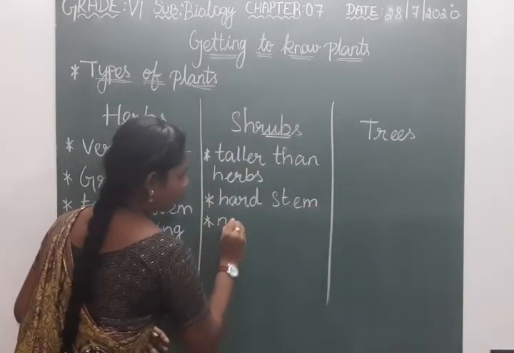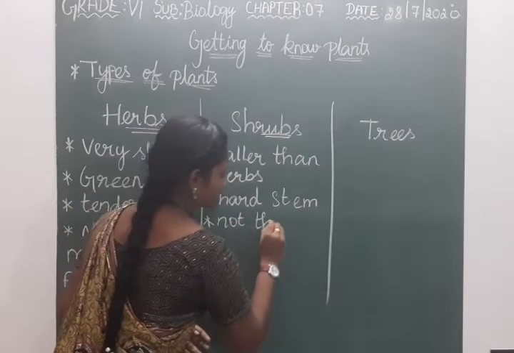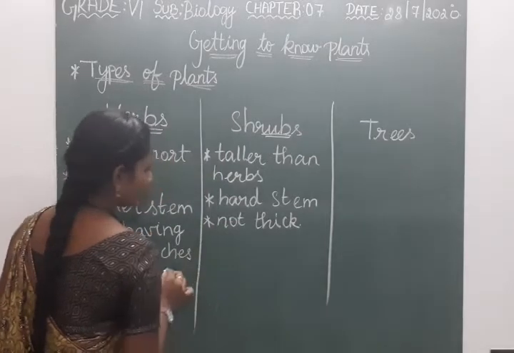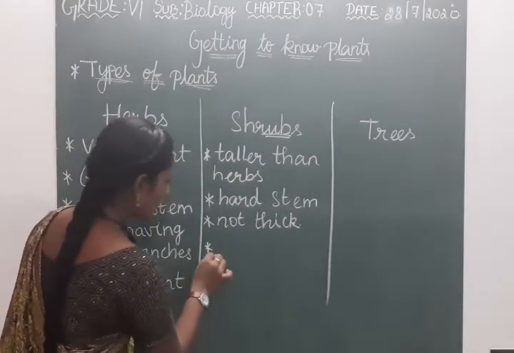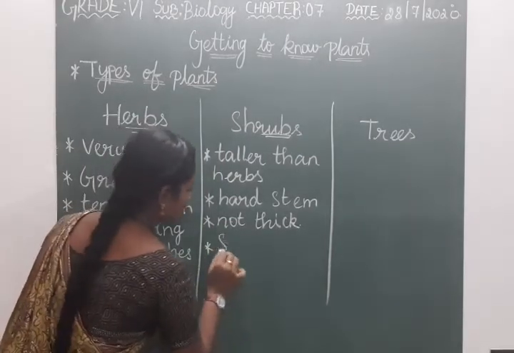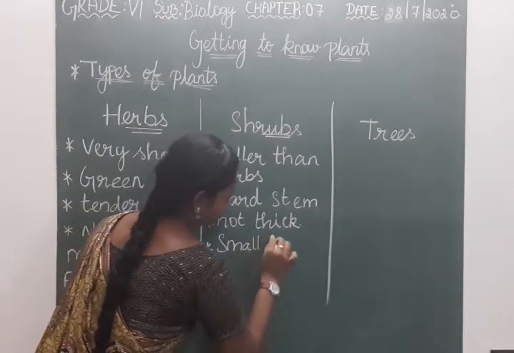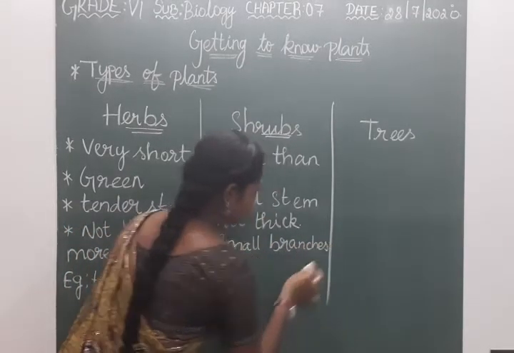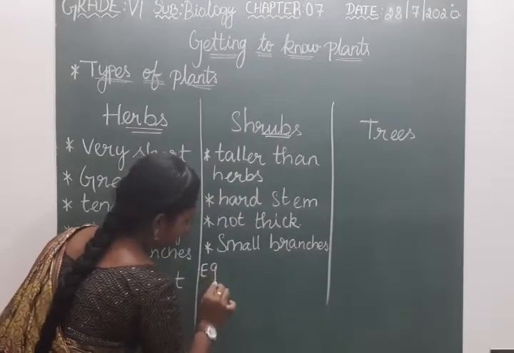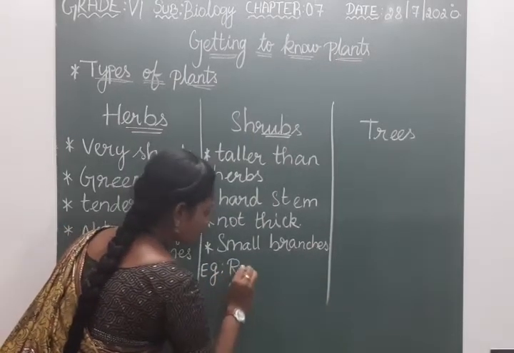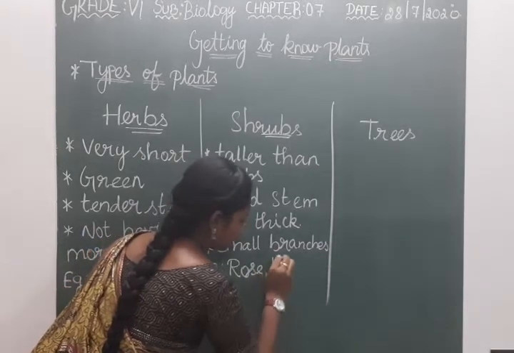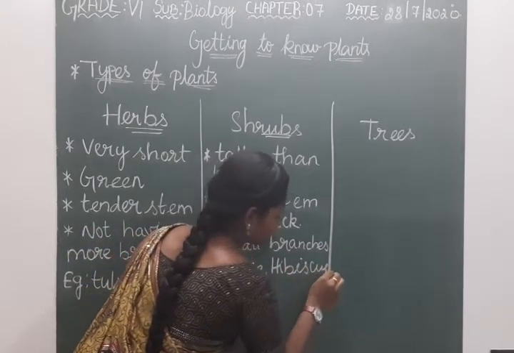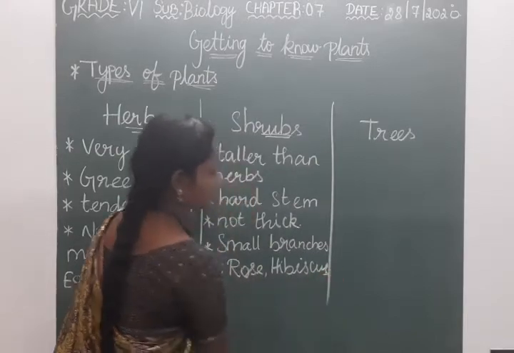And they have some small branches. Examples are rose and hibiscus. So this is about the shrubs.